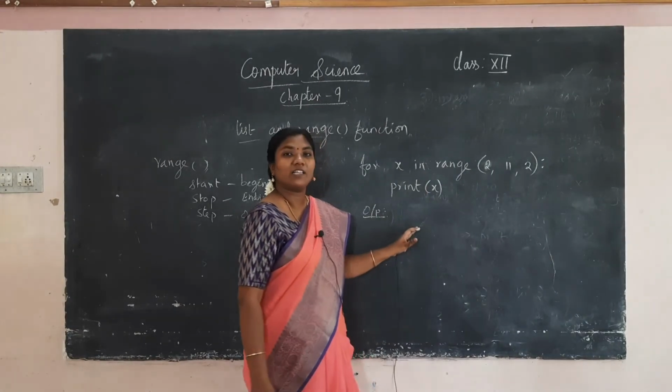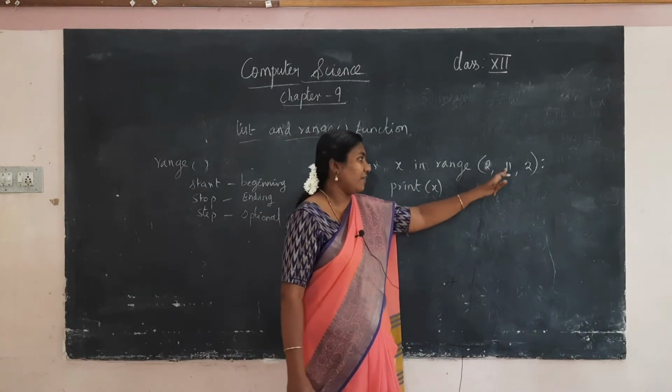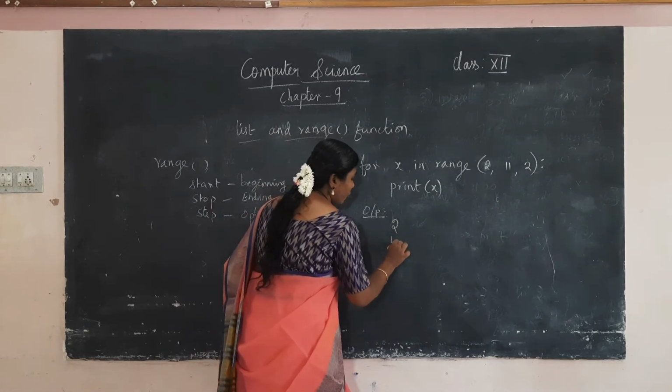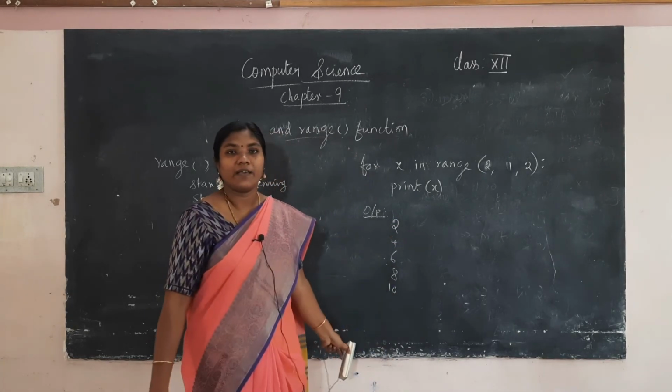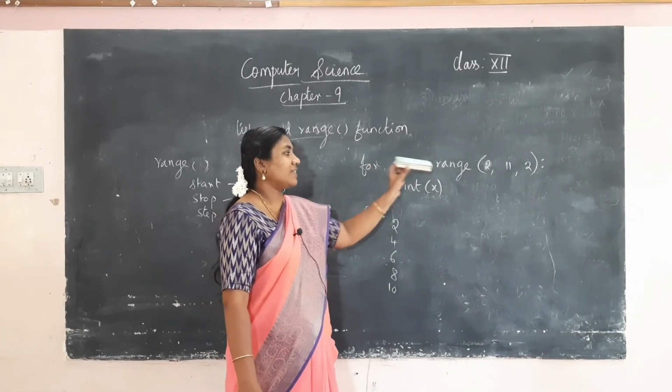So what will be the output for me? I have to start with 2, end with 11 and my step value is 2. So 2, 4, 6, 8 and 10. So this will be my output. Clear?